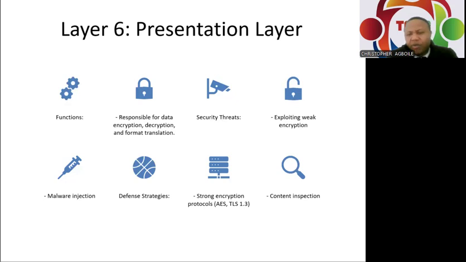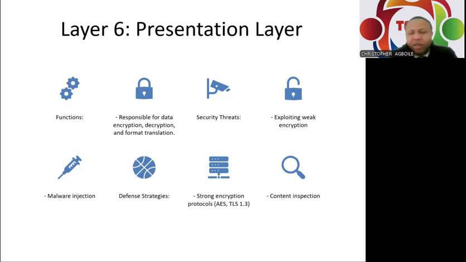When you have weak encryption, it will be broken into easily, like breaking poorly implemented encryption schemes. To prevent this, it's better you use strong encryption algorithms. You can use AES, but you can also use TLS, maybe 1.3 and above.